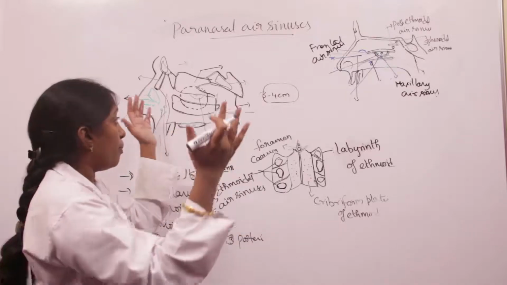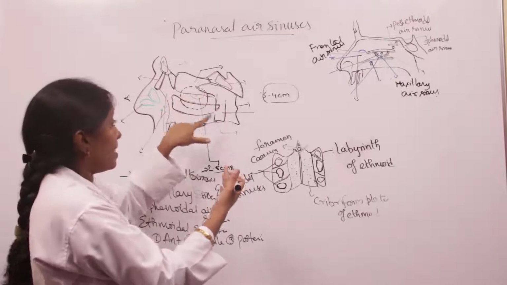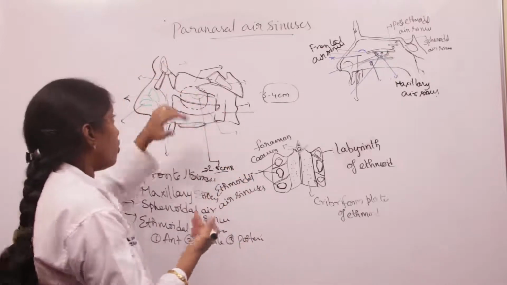The opening of the maxillary sinus is overlapped by a number of bones.